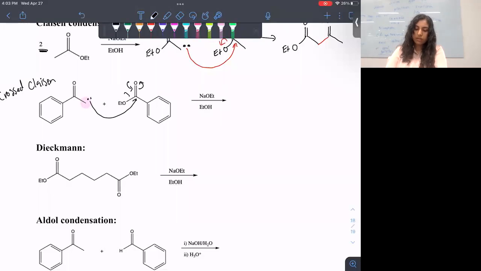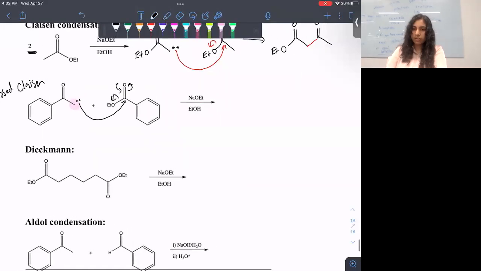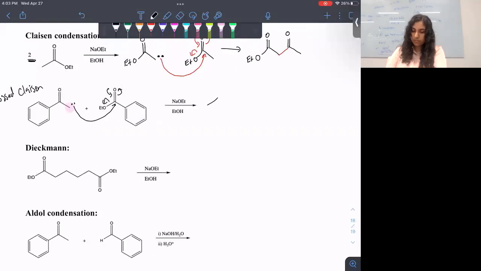Same thing happens, OEt leaves, and then you just get it substituted. And that's it. That's the crossed Claisen condensation.